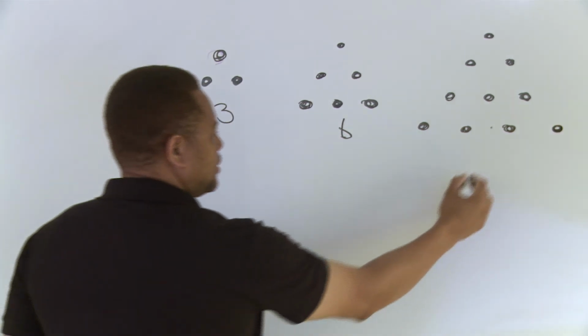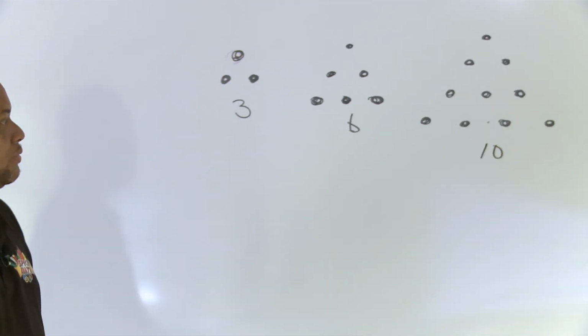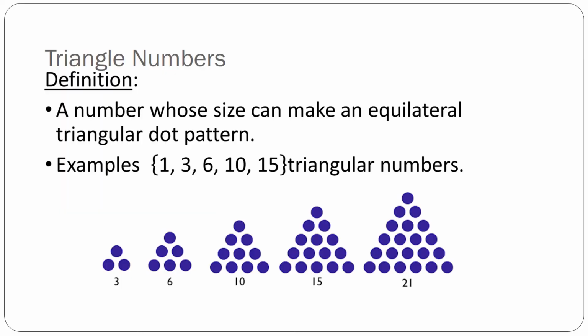Now we have 10 dots also forming an equilateral triangle. We can then continue adding dots, and you may have 15 and 21. You can try this at home.